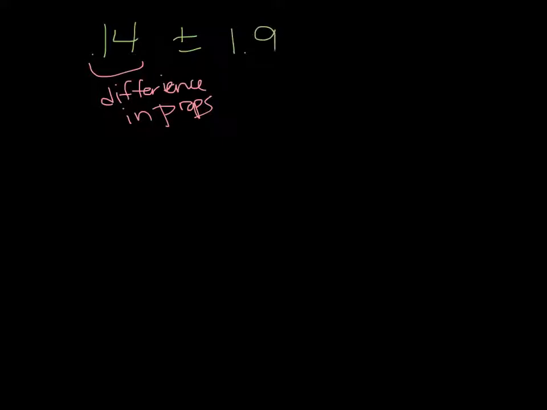So our interval is just going to be our difference in proportions, which we got was 0.14. And it's then going to be plus or minus. In this case, we have a confidence level of 95%, so we're going to use the z-star of 1.96. And we got our standard error just a second ago.